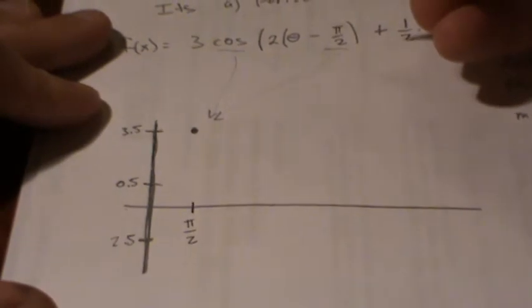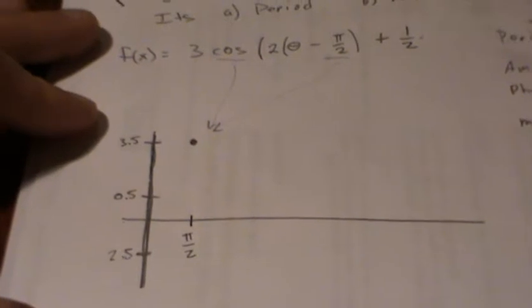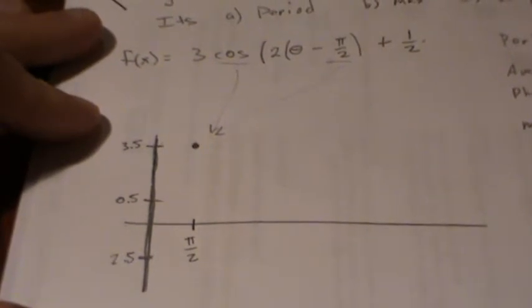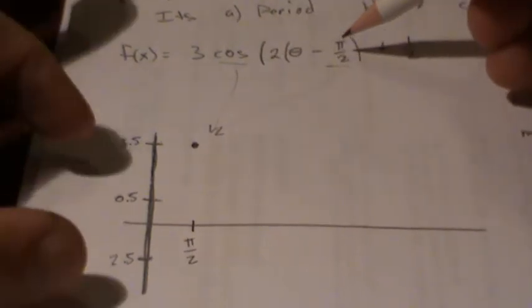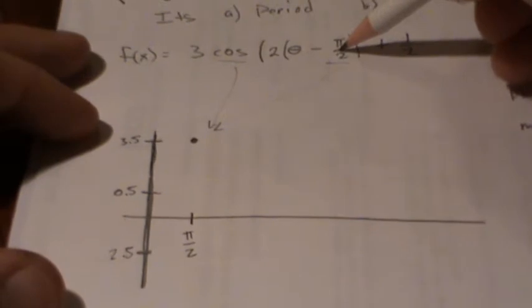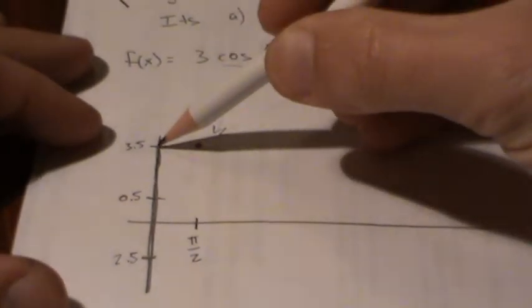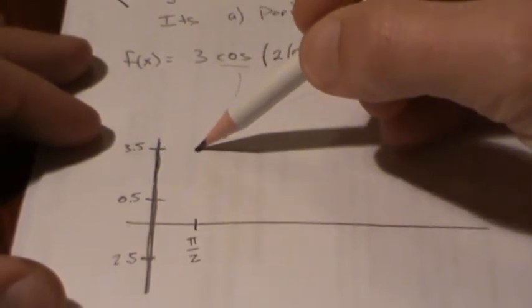That has to do with the phase shift equations, which I made a small video on. Remember that a phase shift pushes the graph over in this direction this much. Since we're starting with a cosine graph, and usually the first maximum is at 0, it must be at pi over 2.